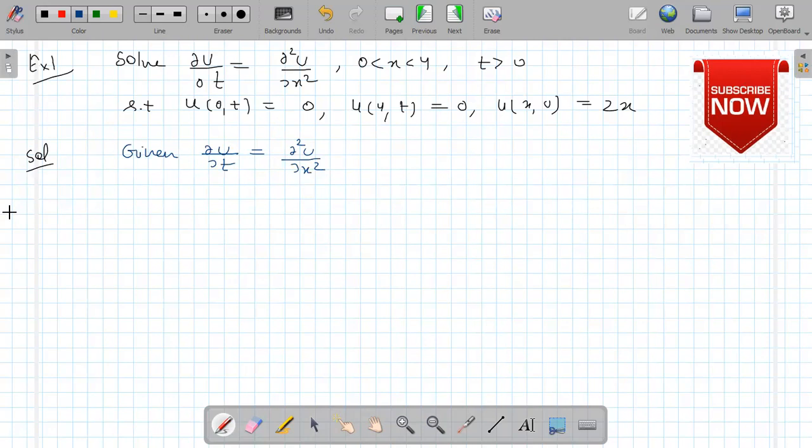So we apply here finite Fourier sine transform.